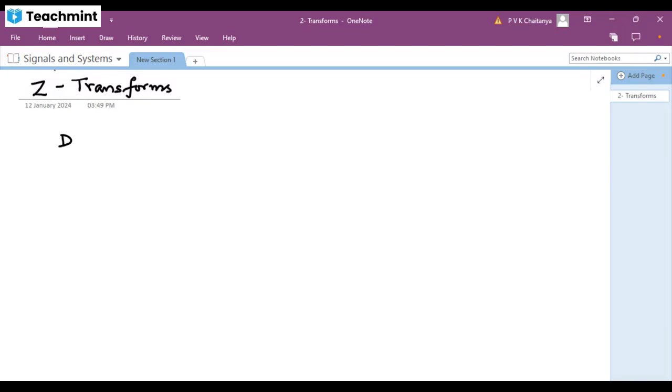So the discrete time Fourier transform, we can write it as X of omega is equal to sigma n is equal to minus infinity to infinity x of n e power minus j omega n. So this is the discrete time Fourier transform.